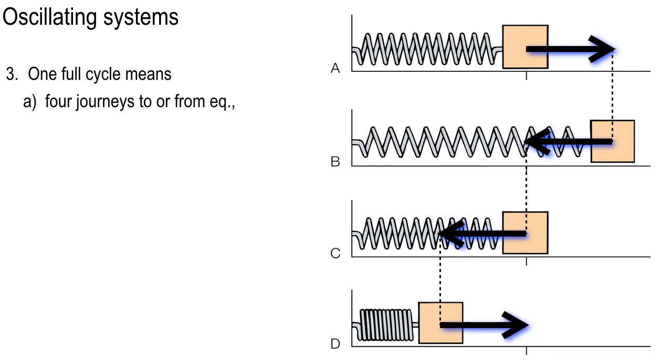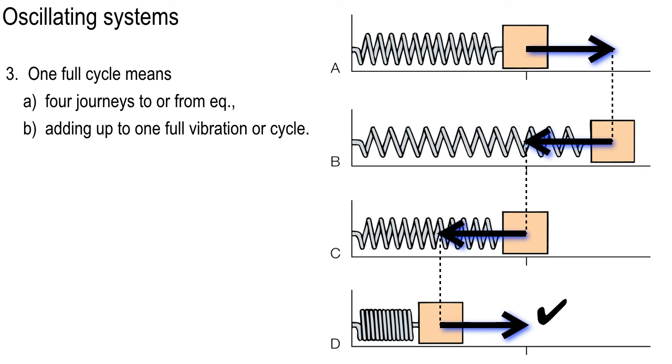Bing, you start accelerating back towards equilibrium. All right? So those 4 arrows are the distances from equilibrium to either max compression or max extension. And there's a fancy word for that in physics. Right?